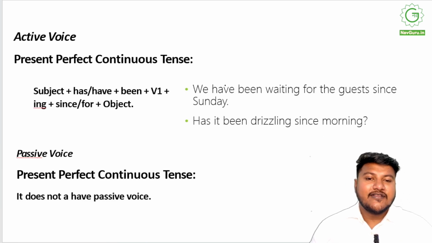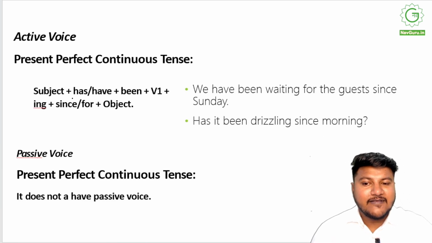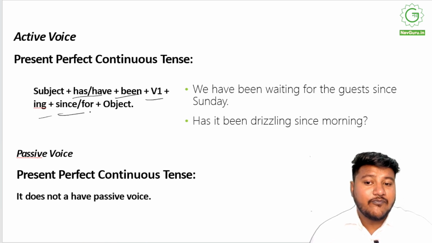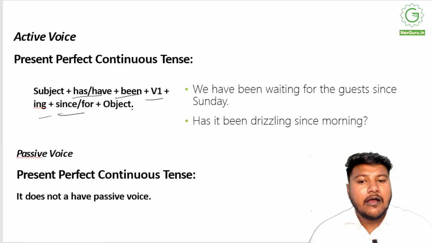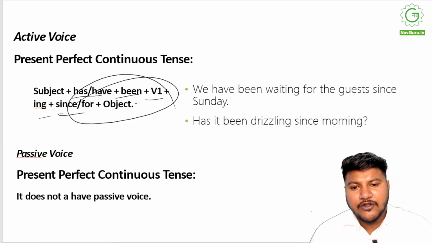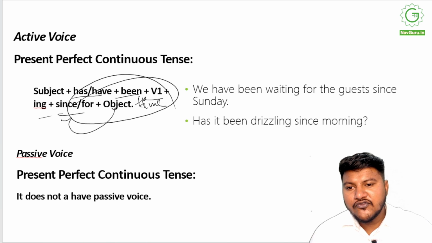Present perfect continuous tense: subject plus has or have plus been plus V1 plus ing plus since or for plus object or time. This is how present perfect continuous tense works. You also have to put in time here, and the object goes here.